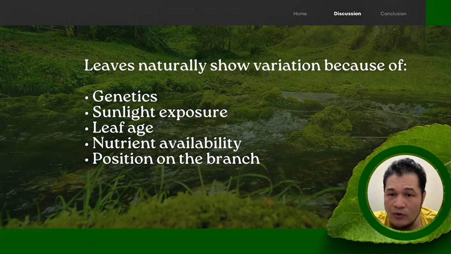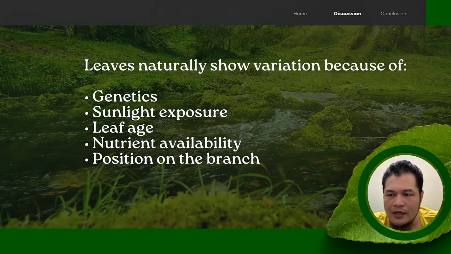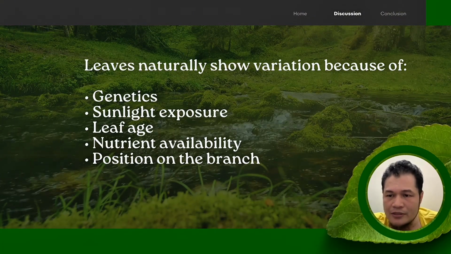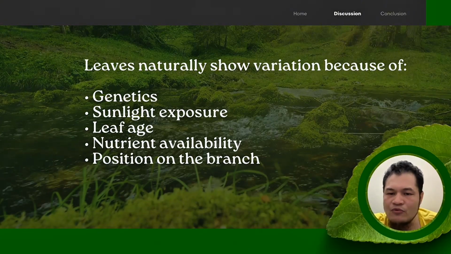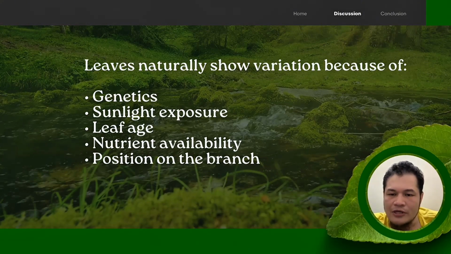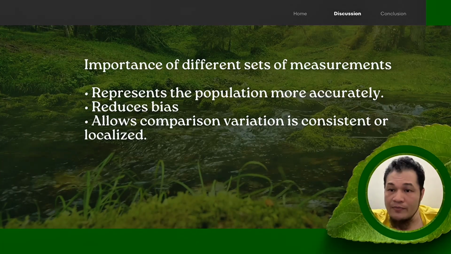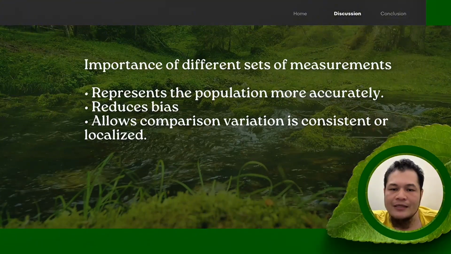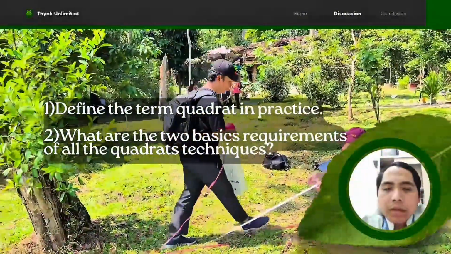Interpretation for Set 1 shows that length changes more dramatically and is more variable among the 10 leaves. That is because leaves naturally show variation by genetics, sunlight exposure, leaf age, nutrient availability, and position on the branch. Using different sets of measurements makes the data more accurate and reduces bias. It helps us determine whether the variation is consistent or not.